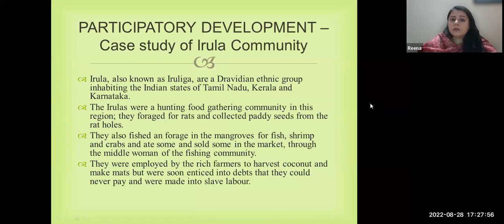So the Irulas, the Dravidian ethnic group, are basically a hunter and food gathering community. And they also foraged in the mangroves for fish, shrimp and crabs. And they were employed by rich farmers to harvest coconut and make mats. But they were soon enticed by the big landowners in the area so that they got into debts which could never end, and the landowners kept using the local population as labor for their projects.